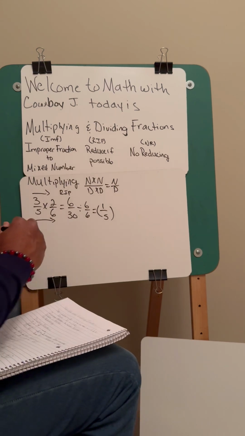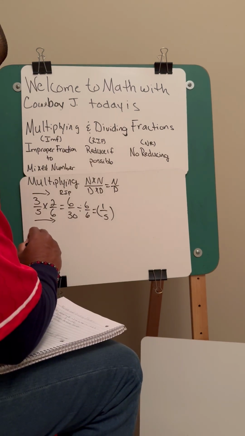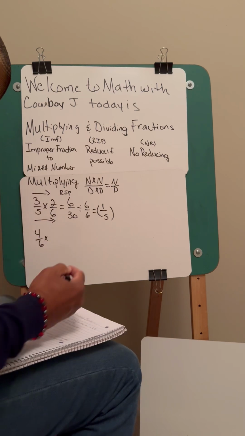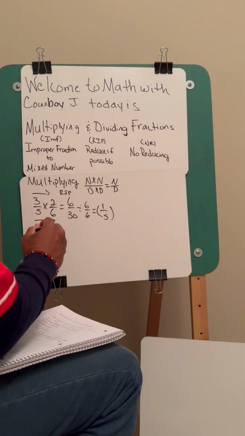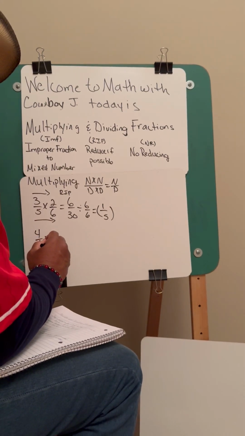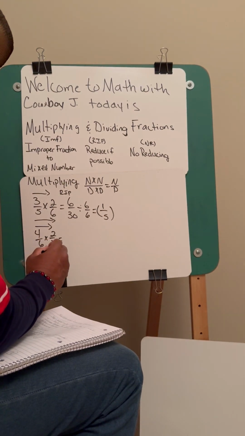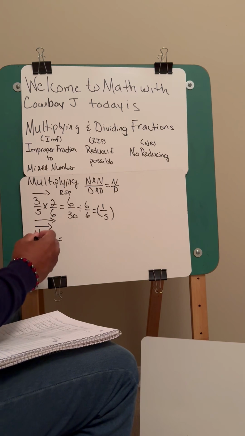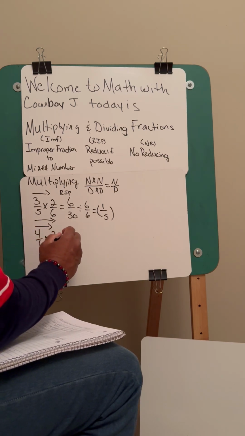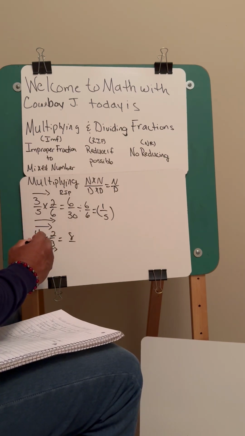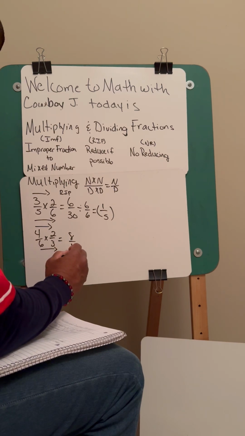Let's say I had 4/6 times 2/3. Again, numerator times numerator, denominator times denominator. 4 times 2 is 8. And 6 times 3 is 18.